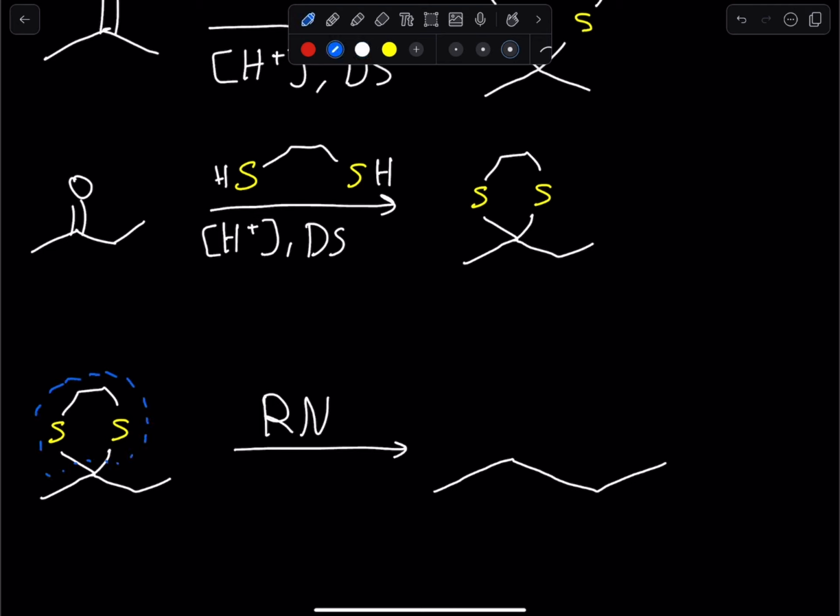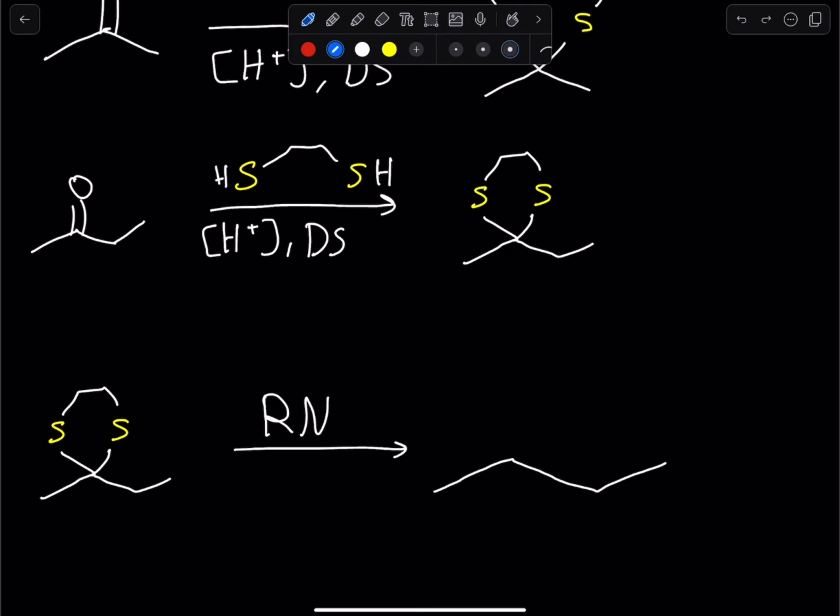All right? And you get an alkane. So, yeah, that should explain how we use oxygen nucleophiles and sulfur nucleophiles to attack aldehydes and ketones.